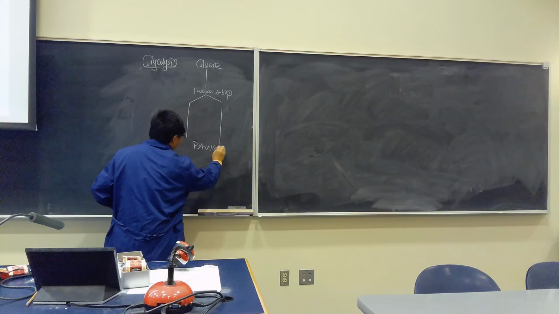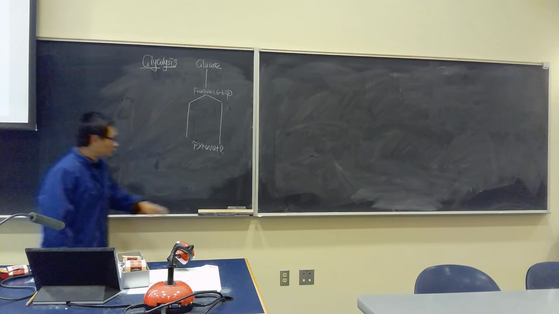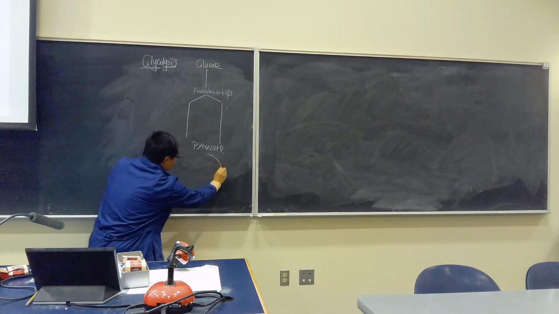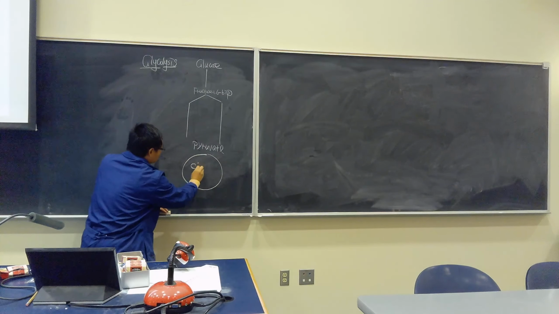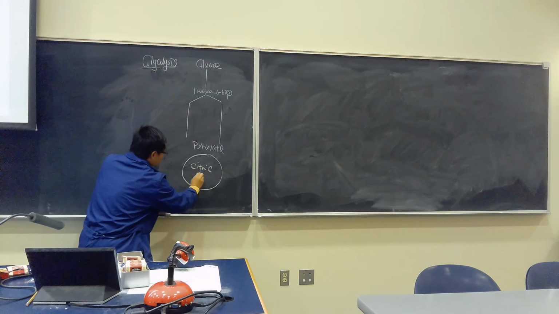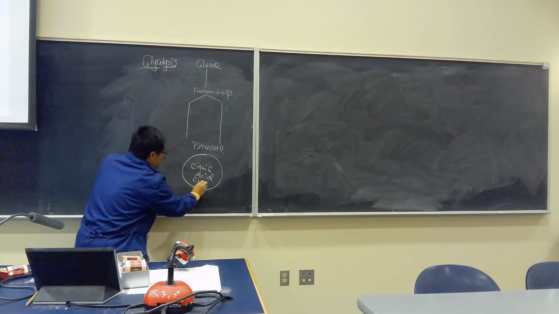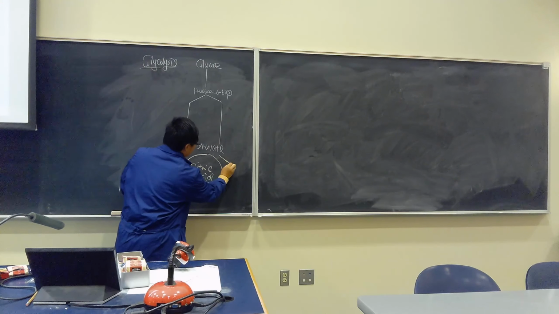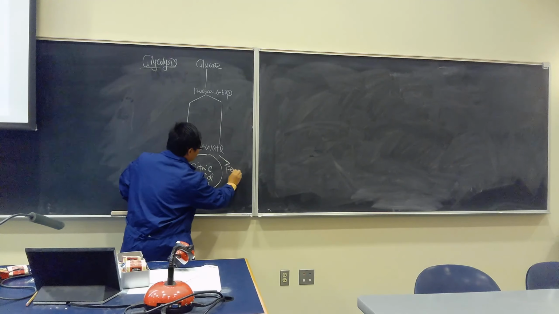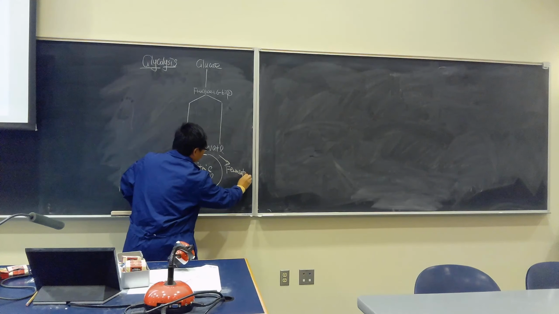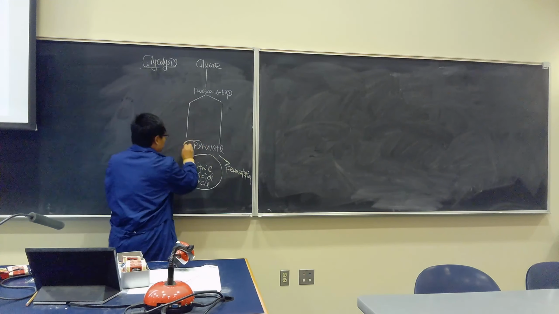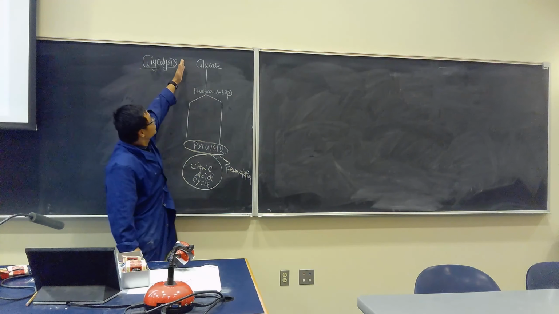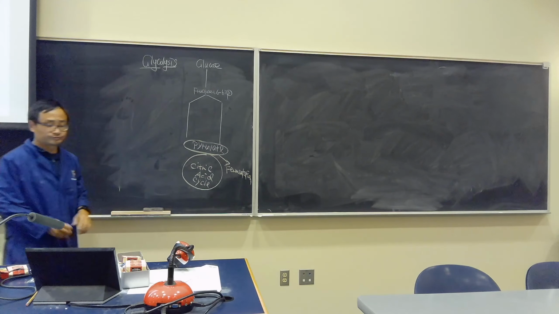Pyruvate. And I want to tell you one thing, this pyruvate later on, in the presence of oxygen, will go to the citric acid cycle, or tricarboxylic acid cycle, TCA cycle. We just mentioned in the absence of oxygen, it goes through fermentation. Okay, this is a key thing here. It's pyruvate.